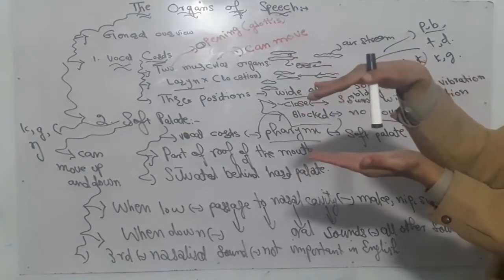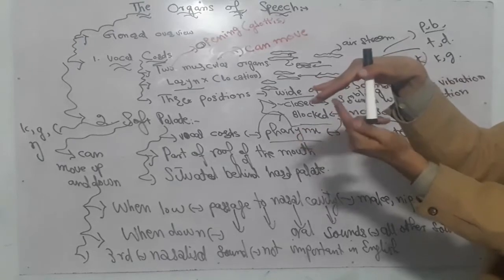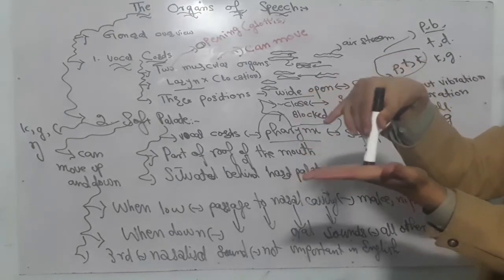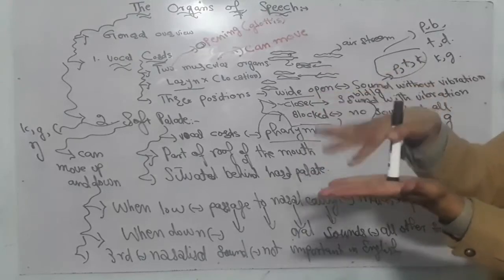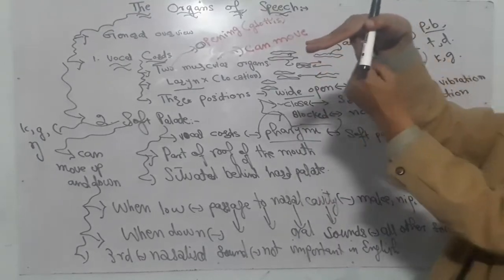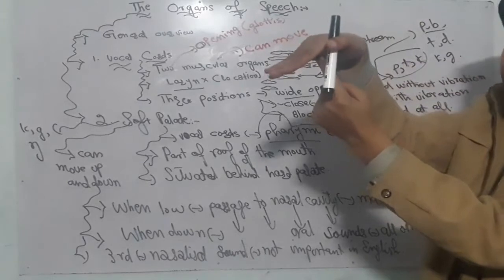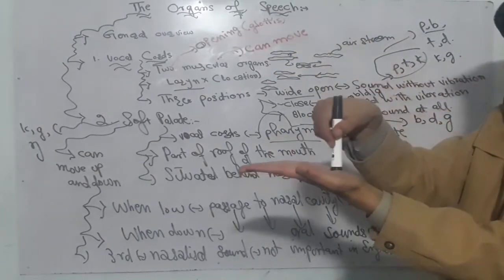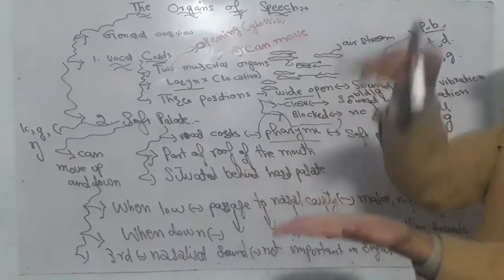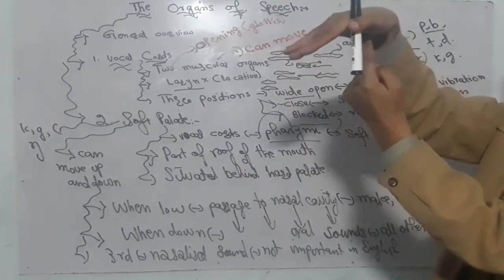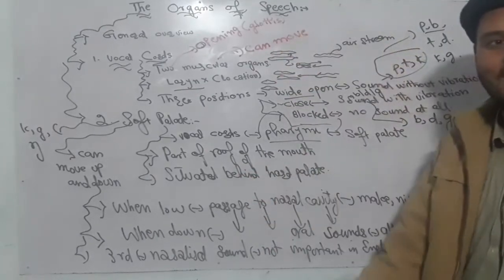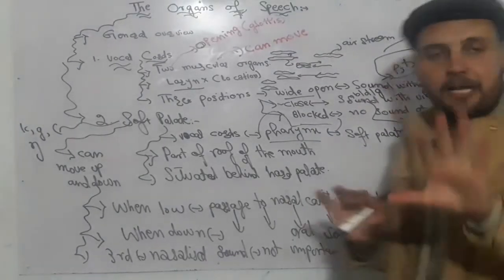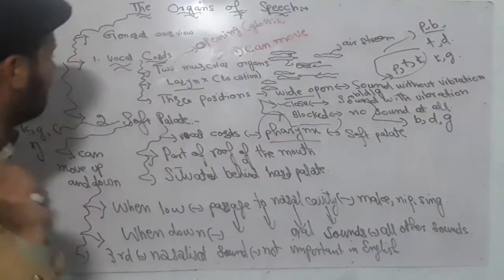Opposite to the first part of your tongue, we call this the alveolar ridge or teeth ridge. This is the middle part of your tongue. Opposite to the middle part of your tongue, we have the hard palate. And this is the last part of your tongue. Opposite to the last part of your tongue, you have the soft palate. So, this is all about the location of the soft palate.